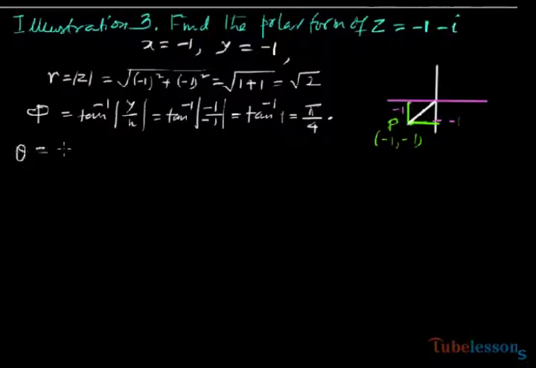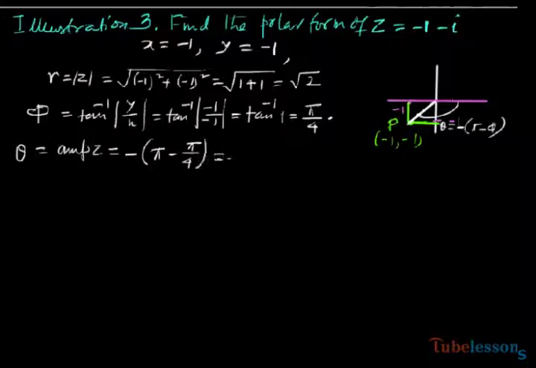Theta, amplitude of z, in this case is minus of pi minus phi. So here minus of pi minus pi by 4, which is equal to minus 3 pi by 4.